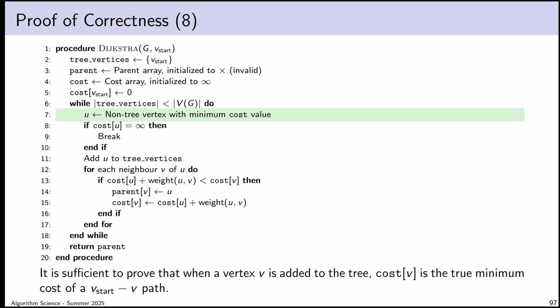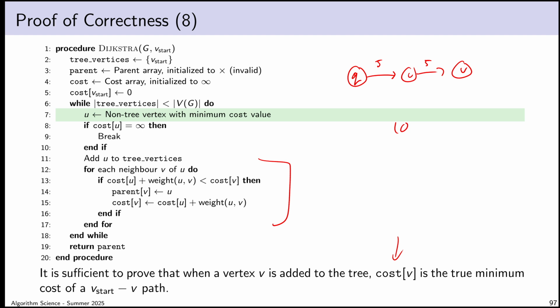The next one is, what that basically tells us is, if cost v is the true minimum cost of a path, there is no way the algorithm will ever make it any smaller, because a secondary thing that I'll talk about in a minute, which is to justify that the tree the algorithm is computing actually is a minimum cost path tree, tells us that as long as the costs the algorithm is setting are based on real paths in the graph, in other words, I only set the cost of travel from vertex Q to vertex V to be 10 if there actually exists a path of cost 10.